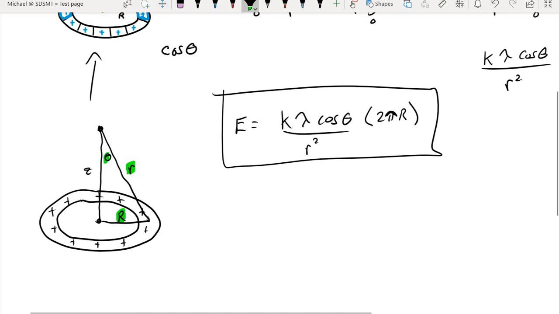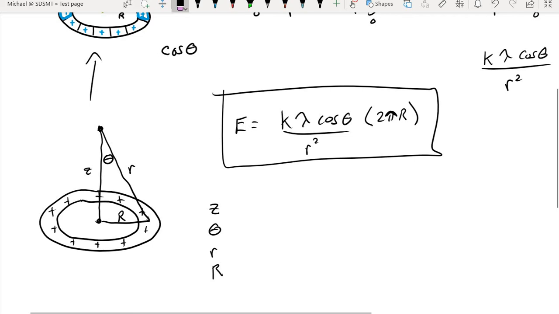So here's the question. In a laboratory setting, of all of these values that we see in front of us, we've got these 4 different values. We have z, we have theta, we have little r, we have big R. Of all those values, which ones are the easiest for us to measure?